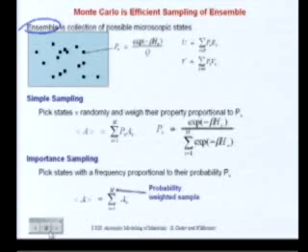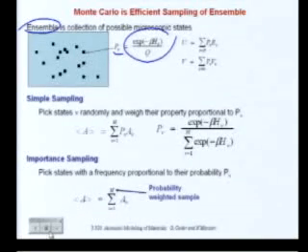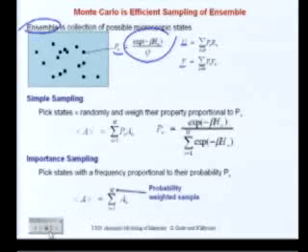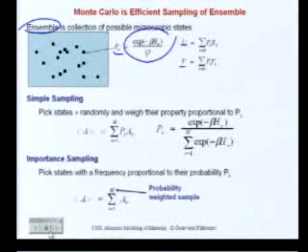The probability that your system is in a given state is the exponential of minus beta times the Hamiltonian, normalized by the partition function. And so the way you track averages is simply by averaging the property over the microstates with the relevant probability.